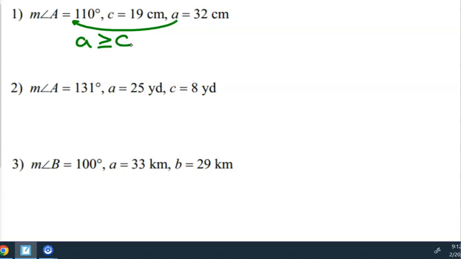If that's not true, then we're going to be comparing A to C times the sine of A. And the question is, is it less than? Are they equal? Or is it greater?